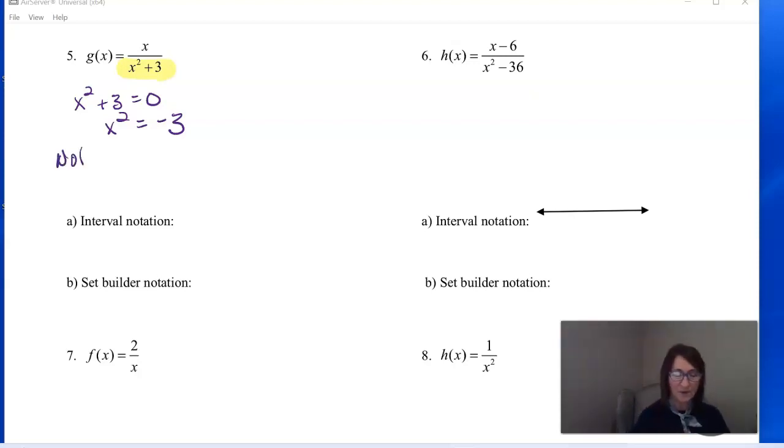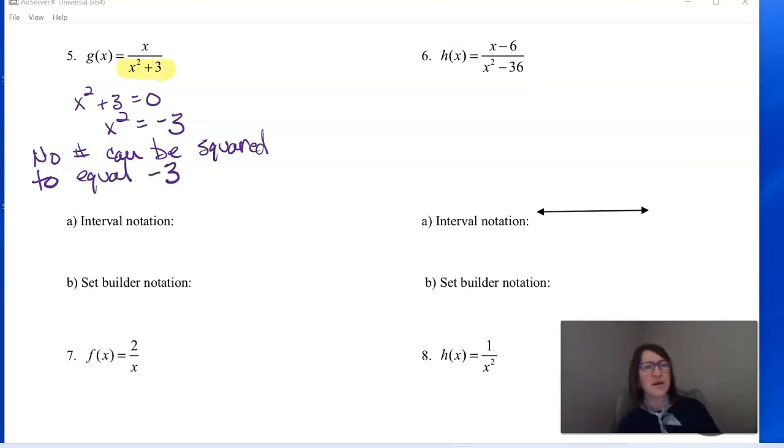No number can be squared to equal -3. Because if you take 2 positive numbers, that'll give you a positive. 2 negative numbers multiplied will give you a positive also. So that means there are no exclusions.